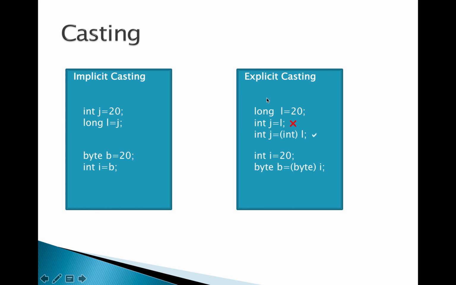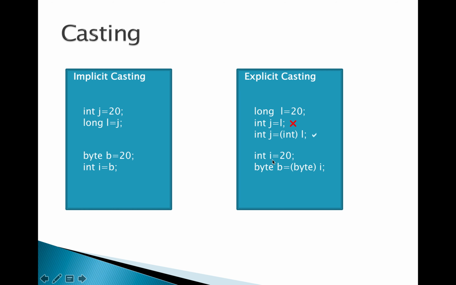So you have to tell the compiler, hey, I wanted to store this long variable as an integer variable. So I apply this casting here: I put braces and then put int, which means I'm going to convert this long variable into an integer and store it as an integer variable.